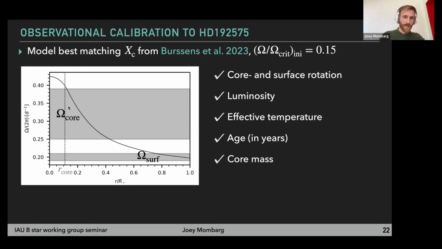We do a pretty good job reproducing these two quantities at the age of the star. In addition, the observed luminosity and effective temperature are consistent with the observations. The age that we find, as well as the core mass, is also consistent with the estimates from 1D modeling. I note again that this is not an incredibly fast rotating star, but it's a good calibration point because here the 1D models are most likely still valid.